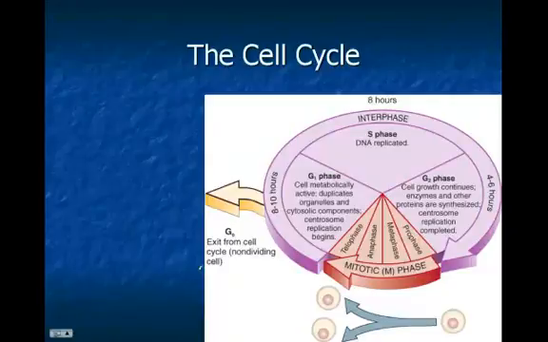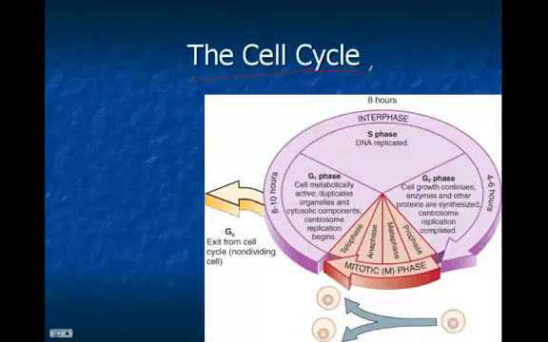So this next part of the lecture, hopefully this is a little bit of a review for most of you, but we're going to talk about how cells divide, okay? And so first we're going to talk about what's called the cell cycle. And the reason that this is important, obviously, is that cells have to undergo this process called mitosis.